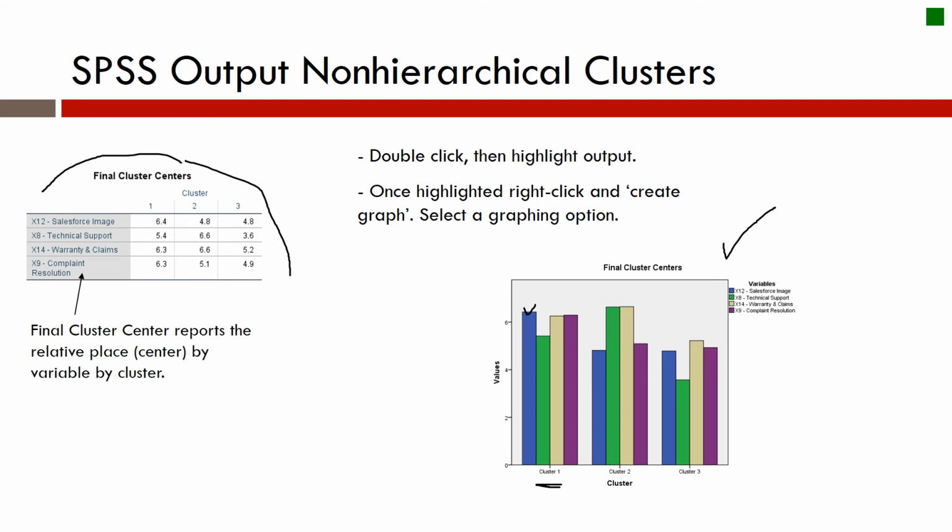We can see that tech support is highest for cluster 3, and so on and so forth. So this is an evaluative tool that you can use again to help illustrate the differences in clusters and how individual variables impact the different clusters that are available to us.